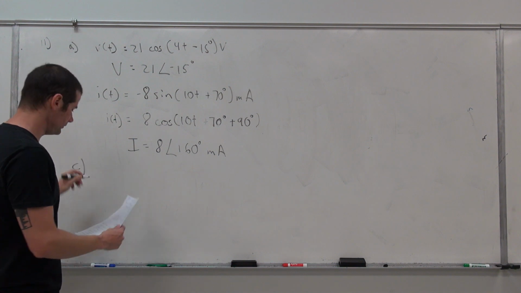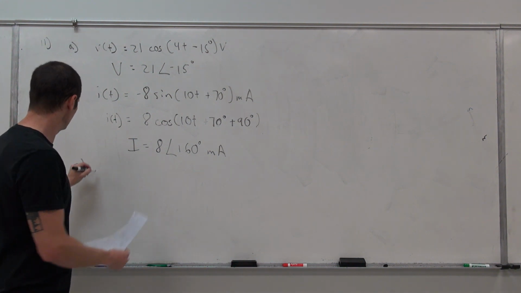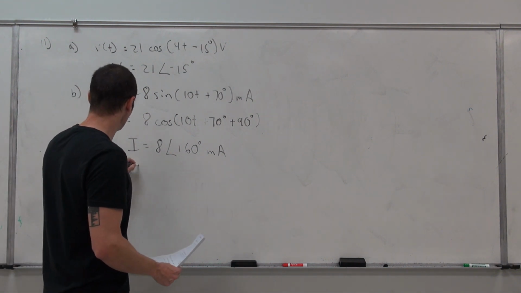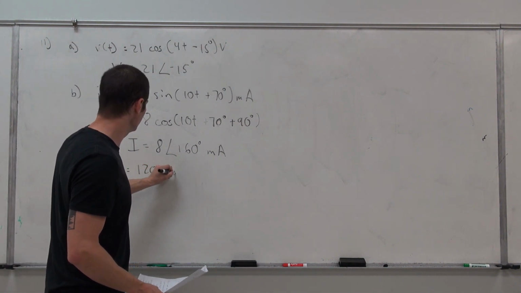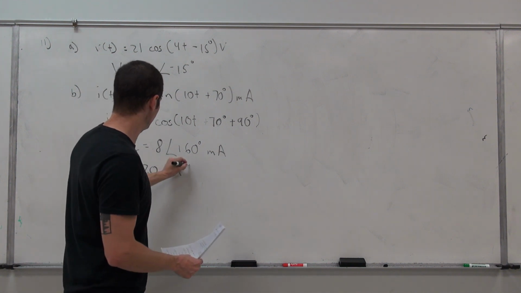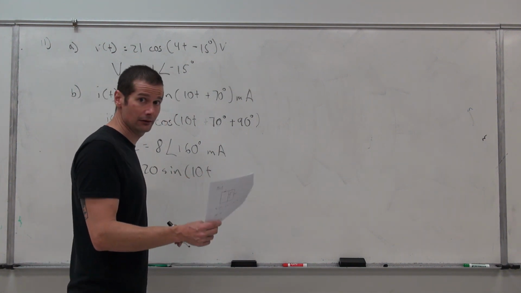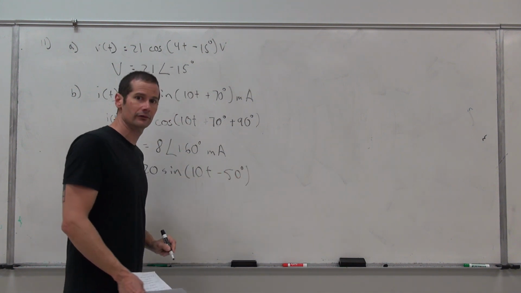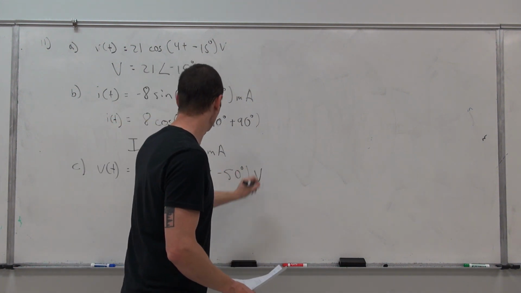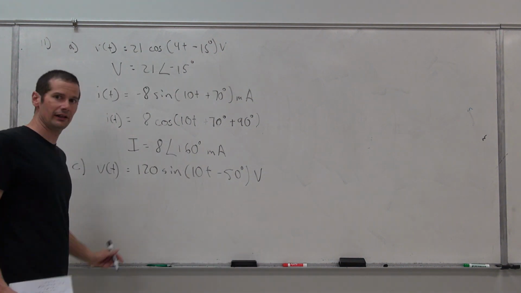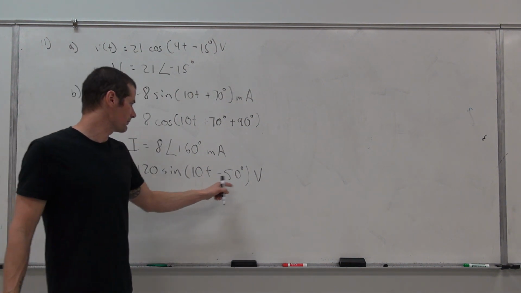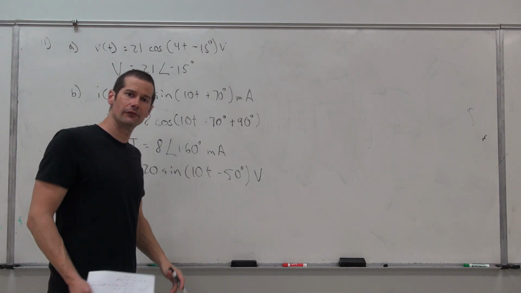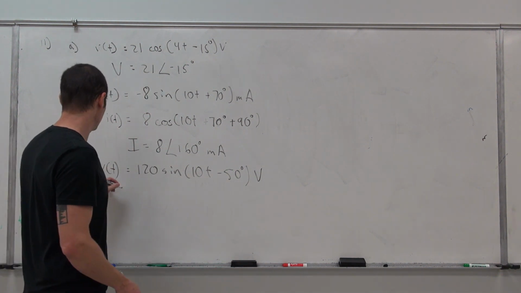So for part C, here we have V of t equal to 120 sine 10t minus 50 degrees volts. So here, we just want to convert that easily into a cosine by subtracting off 90 degrees. So that will give us negative 50 minus 90 degrees. That gives us negative 140 degrees.